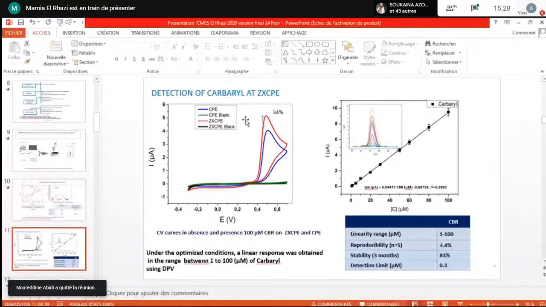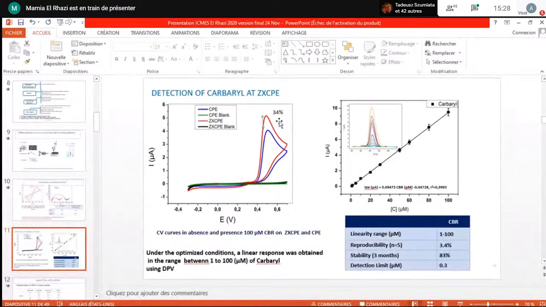Of course, we optimize all the parameters such as concentration, pH, and potential of the deposition. Under the optimized conditions, a linear response was obtained in the range between 1 to 100 micromolar of carbaryl using differential pulse voltammetry.